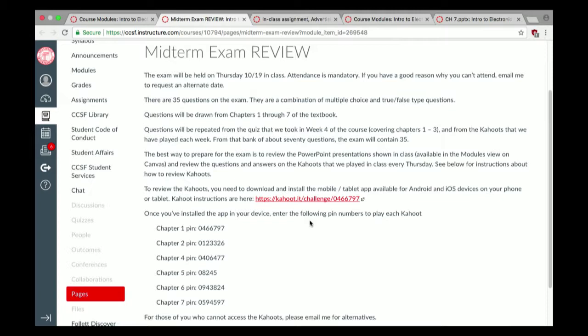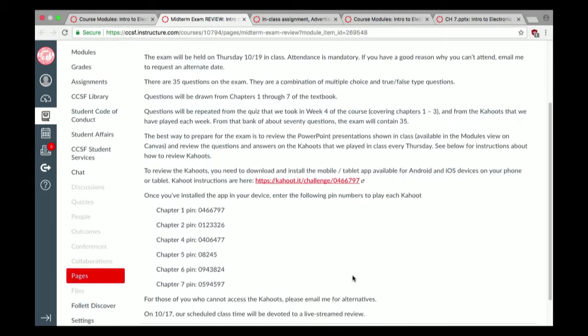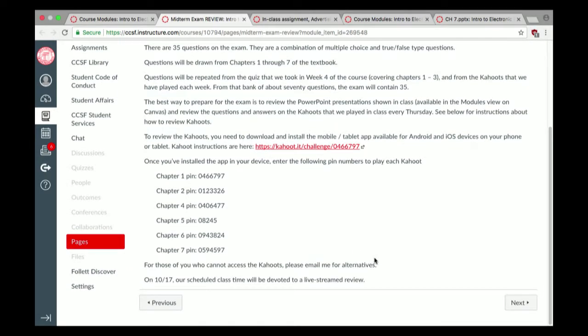So questions will be repeated from there, which means that a great way to review would, of course, be to look at all the PowerPoints for the last 7 chapters. But in addition to that, you could review, in other words, play the Kahoots in order to try out the questions and see what the answers are.